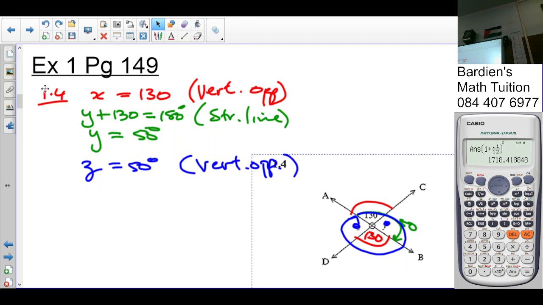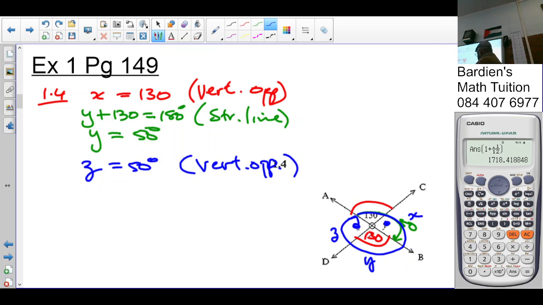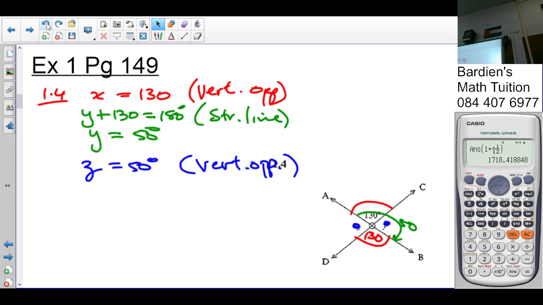Why is it the same? Because they are vertically opposite, opposite each other. As long as they are vertically opposite, it's not to do with y and z, it's whatever variable is lying at that point.